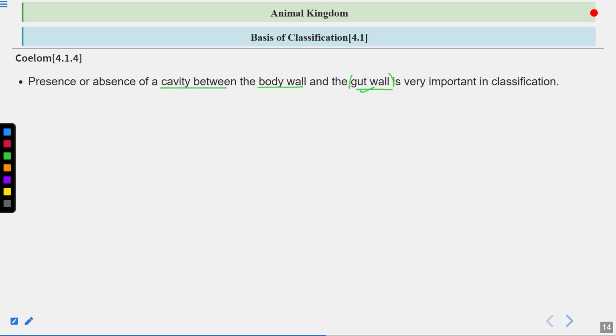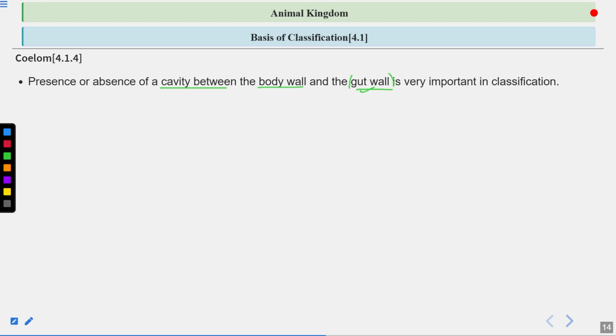Does this cavity have the same diameter? No, it doesn't, right? According to the digestive function, the diameter of this alimentary canal varies, right? So we have a cavity-like structure which is called the gut. And the wall of this gut is called the gut wall.